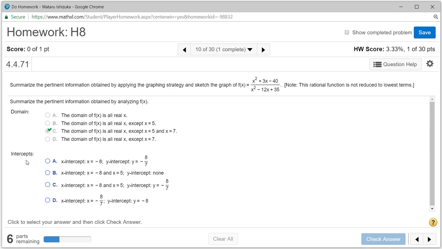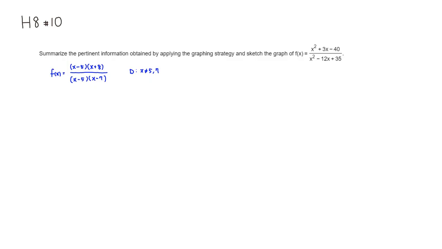And the intercepts, let's find the intercepts. The x-intercept: we set the whole function equal to 0. So you can see that x equals 5 and negative 8. Then the y-intercept: we can just plug in 0 everywhere.